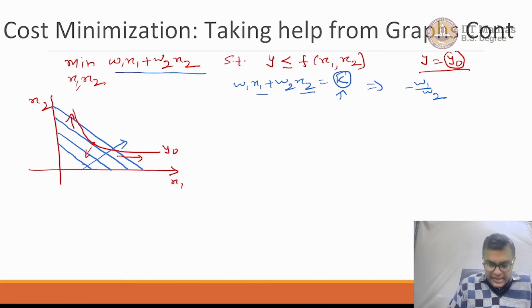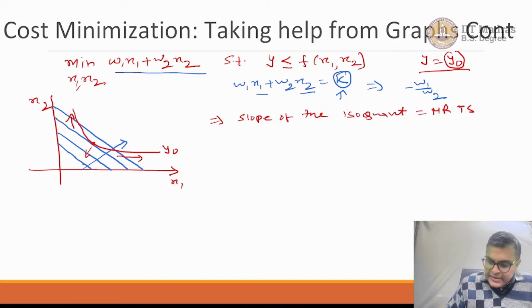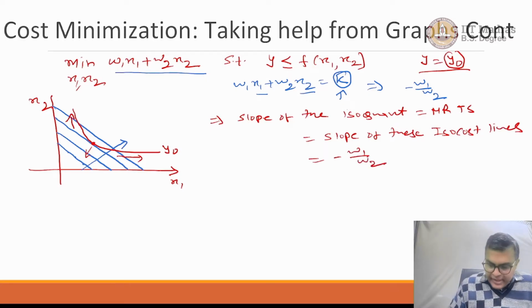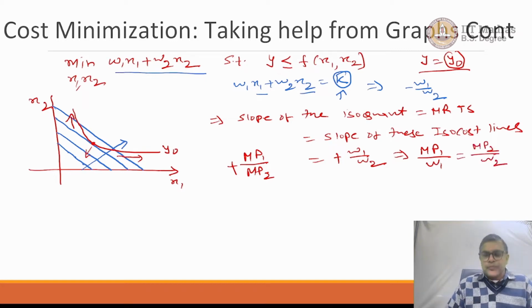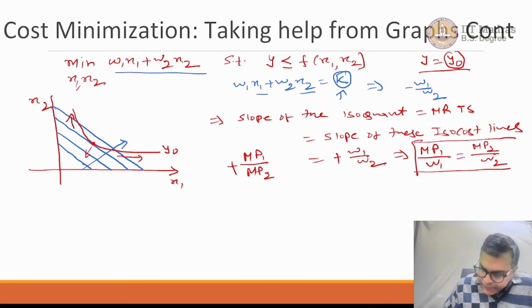So at this point, production will take place, and the characteristic of that point is that the slope of the isoquant, which is MRTS, is equal to the slope of the isocost line, which is minus W1 by W2, or MRTS is minus MP1 divided by MP2. The minus sign will get cancelled, and we can write it as MP1 divided by W1 is equal to MP2 divided by W2, and this has a nice interpretation that we can understand.